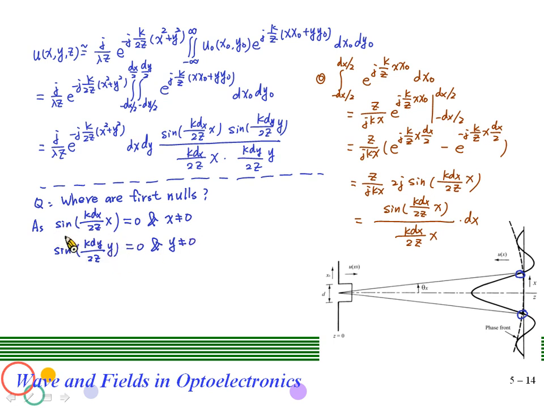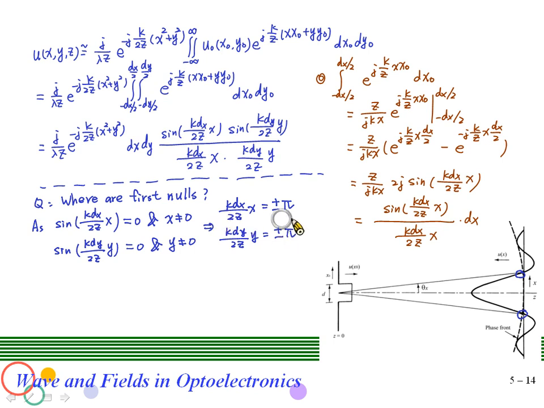And clearly, to have sinc to be 0, the x expression should be positive or negative pi, which will correspond to the first nulls. Okay, and for y, this term will also be positive pi or negative pi.